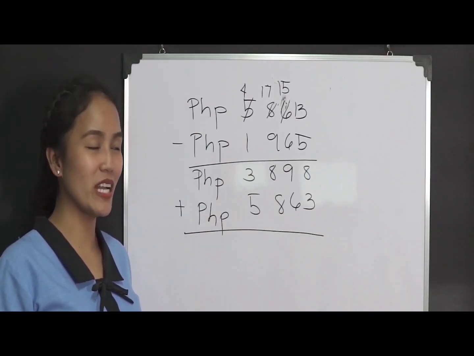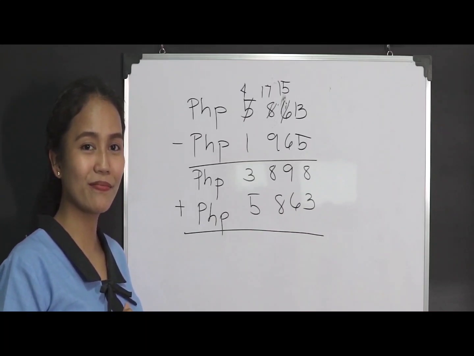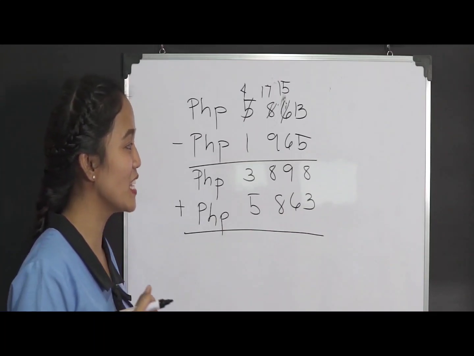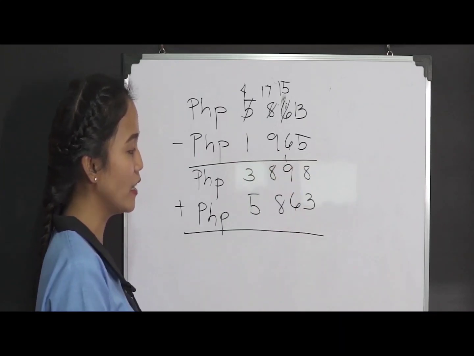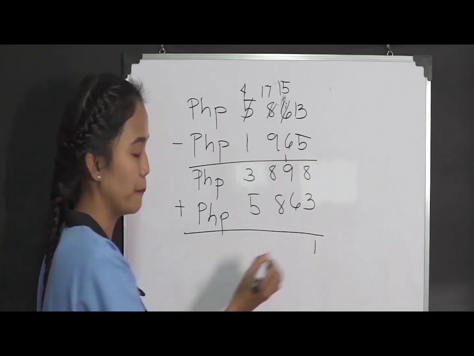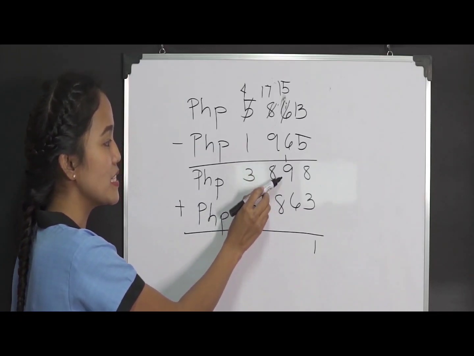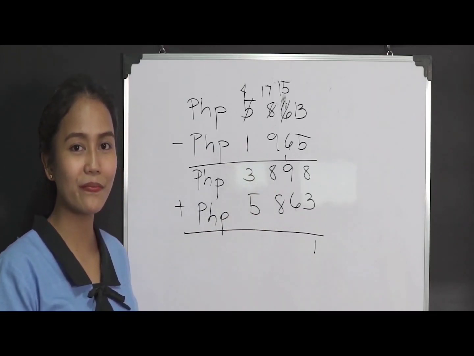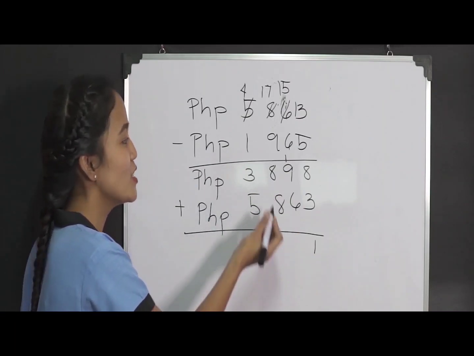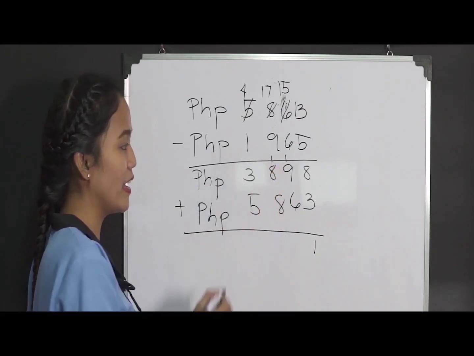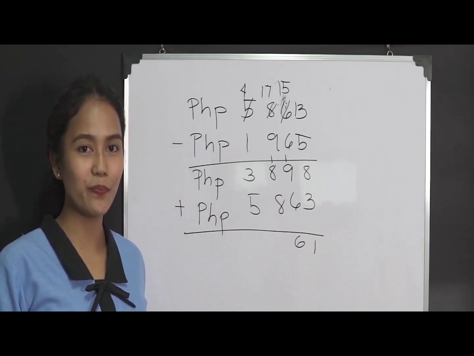Let's start with the ones column. 8 plus 3 is equal to? Very good. It is equal to 11. So, write 1 above 9 and write 1 in the ones column. Next is the tens column. 1 plus 9 plus 6. Very good. It is equal to 16. So, write 1 above 8 and write 6 in the tens column.